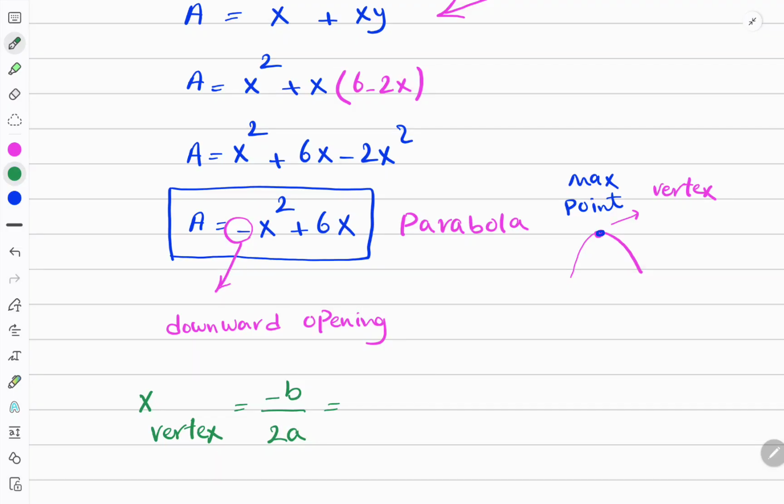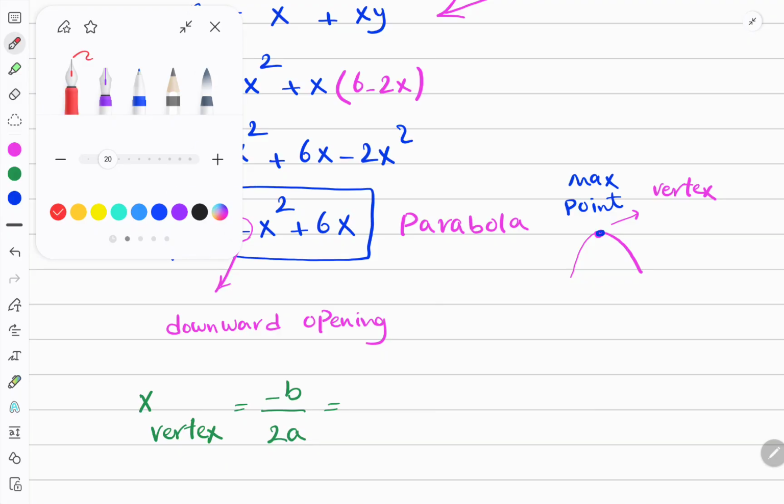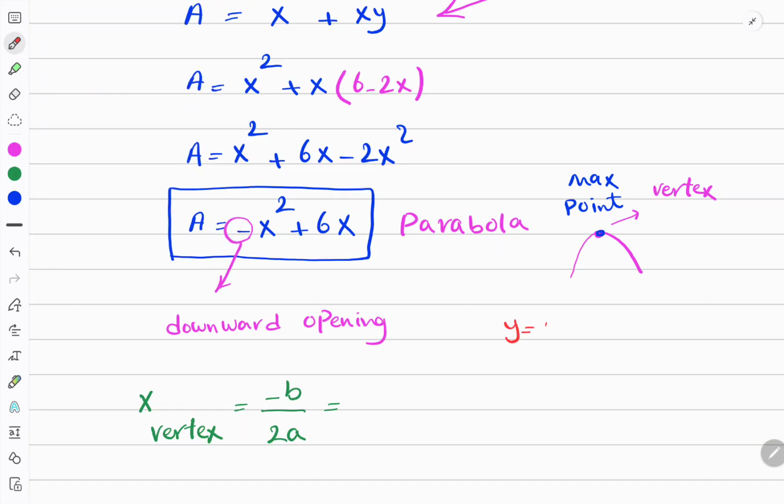In a quadratic in the form y equals ax squared plus bx plus c, we have these coefficients a and b, and c is the constant.